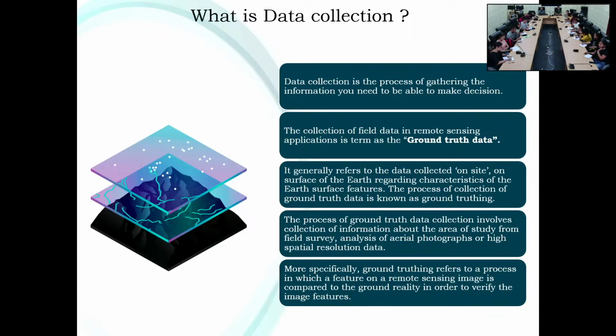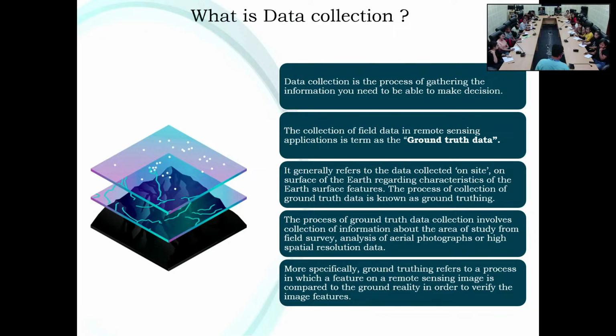More specifically, ground truthing refers to a process in which features on a remote sensing image are compared to ground reality in order to verify the image features. Basically, whatever data we collect from the ground, we verify with the image. Suppose you are doing classification.